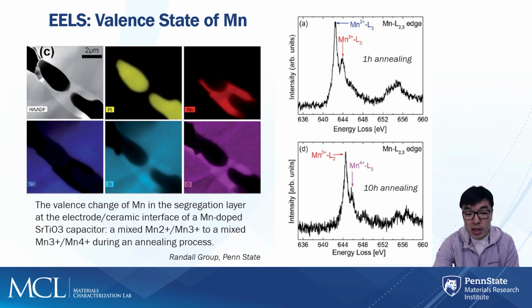By doing the EELS, we found that with longer annealing time, the valence state of manganese changed from mixed 2+ and 3+ to mixed 3+ and 4+. This valence state change of manganese is directly responsible for the big improvement of this material's electric properties.